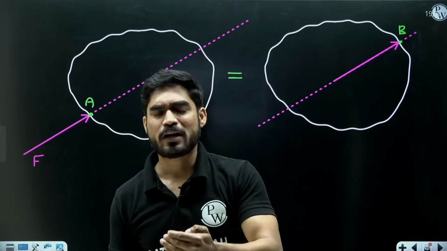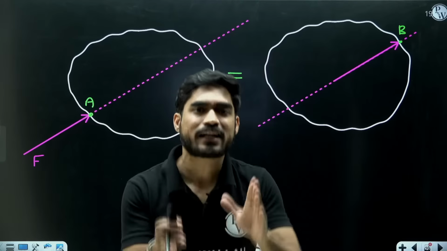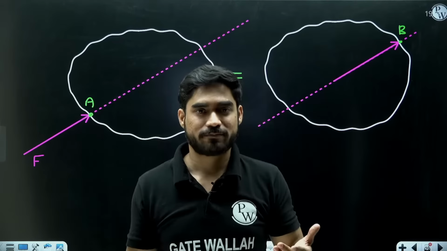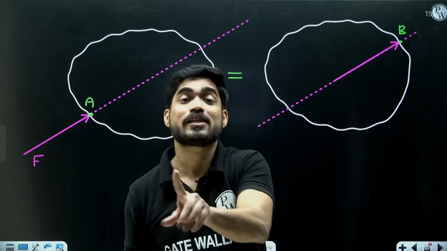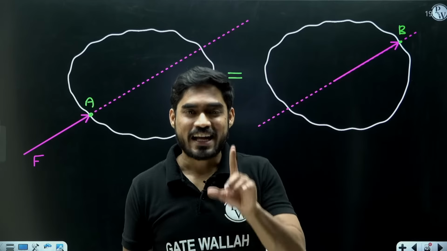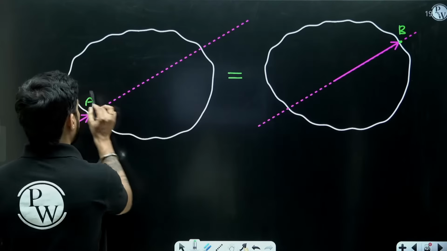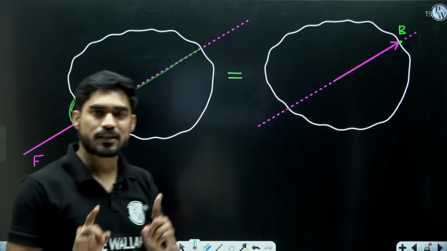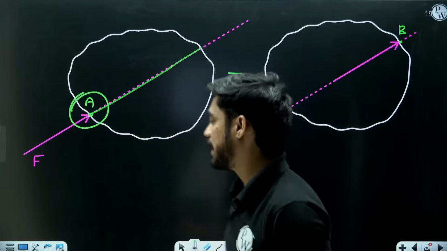Let me give you a better example to show how the external effect is not changing, but the internal effect will change. If you move the point of application from A to B, it is not going to change the external effect, but it will change the internal effect.